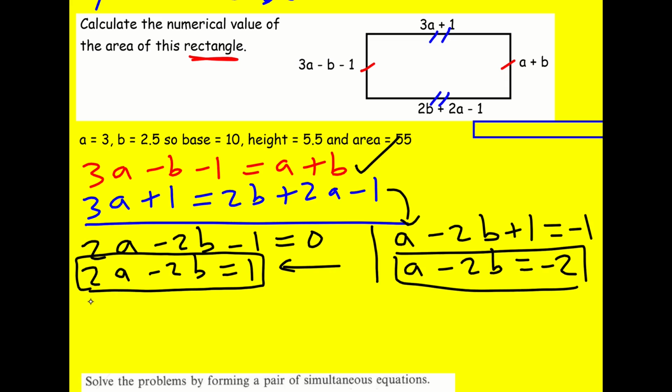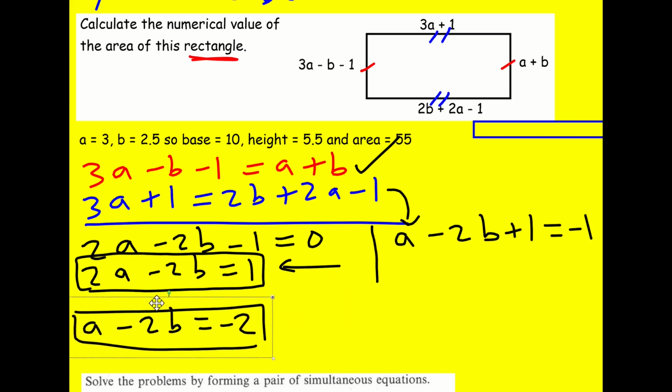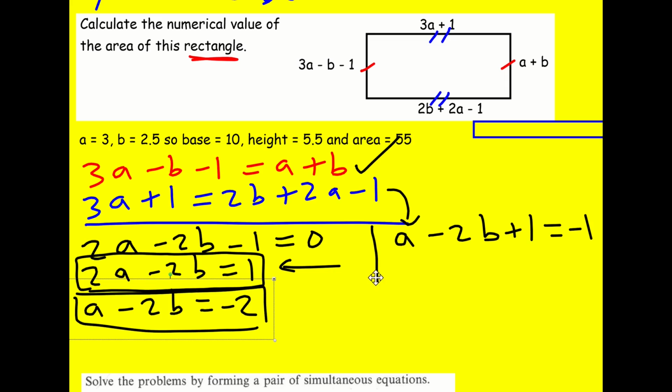What I'm then going to do is basically write them beneath one another, just like I did before. Okay, so actually I'm going to move it to here. And now we're in a good place. I've got minus 2b and a minus 2b, so I am going to subtract them.